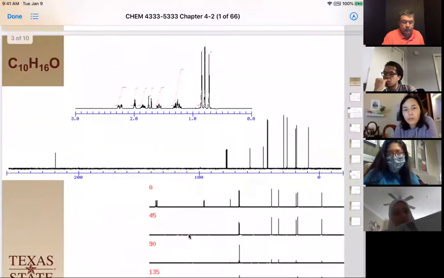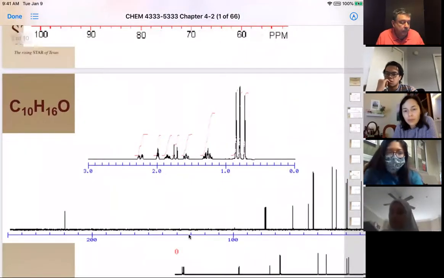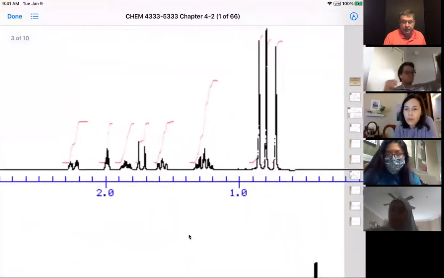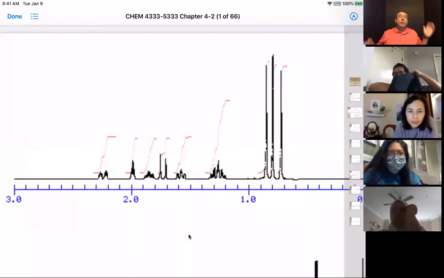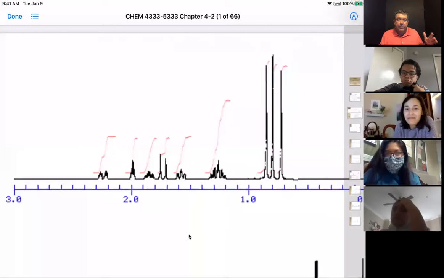Let's first look at this next one here, and I'm giving us our empirical formula of C10H16O. Looking at this proton NMR, you would run screaming from the room if this were our first proton NMR. You can't tell the splitting, everything's bunched together, and it's got weird integrations.